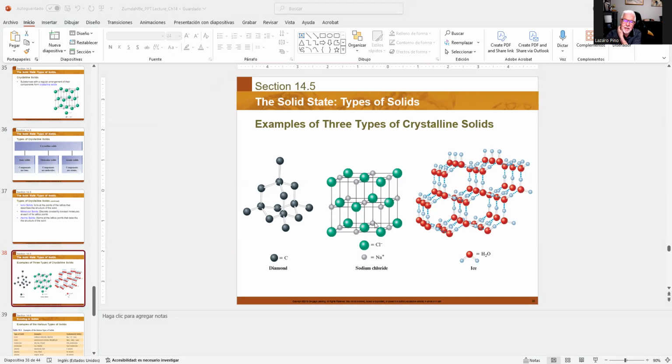Sodium chloride is an ionic compound and it has two ions, sodium and chlorine. And ice is made of polar molecules. You can find in ice the water molecules in fixed positions in the solid.